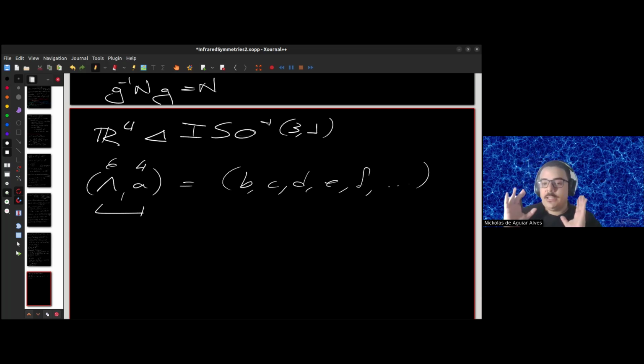In principle, I can look at it, and I will have no idea whether this element is a translation or if it is a Lorentz transformation, or if it is a combination of both. But if I know the algebraic structure, from the algebraic structure alone, from the product alone, I can figure out which of these elements are translations, because R4 is a normal subgroup of the Poincare group.